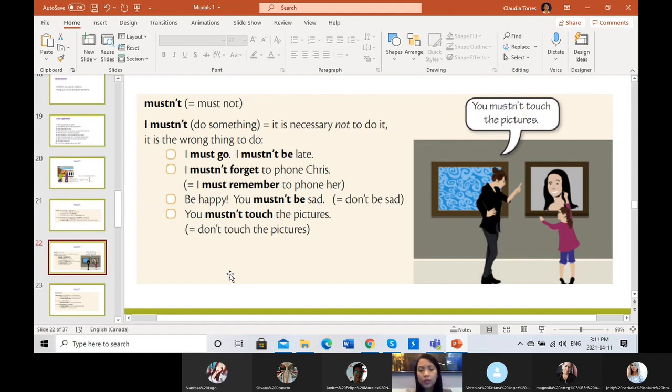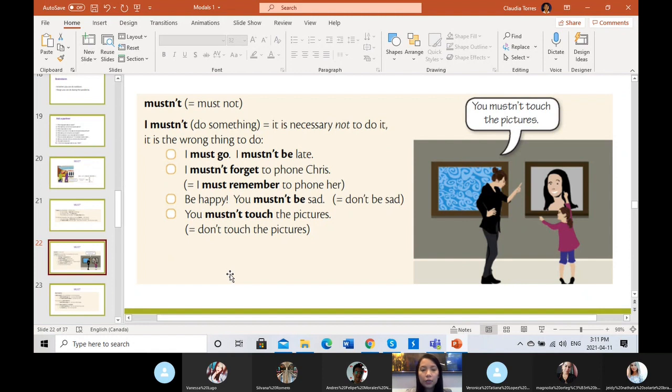The next one, it says, I mustn't forget to phone Chris. Now here, to phone is a verb, okay? I mustn't forget to phone Chris. But the main verb we're using after must, in this case mustn't, is forget, right? So we don't use the infinitive form, you see?